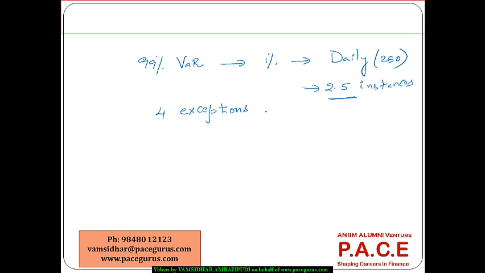So up to 4 exceptions, it has defined as a green zone. Whereas 5 to 9 exceptions, it has defined as the yellow zone. And anything above 9, which is 10 and more, it has defined as the red zone.